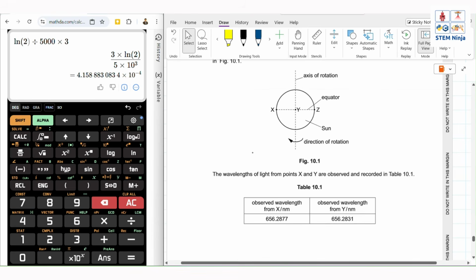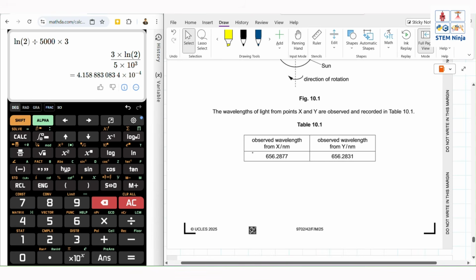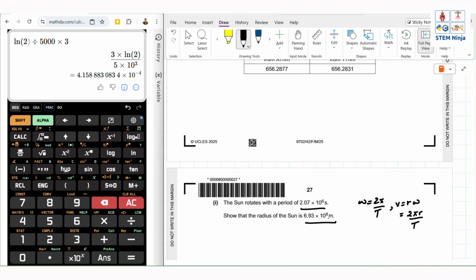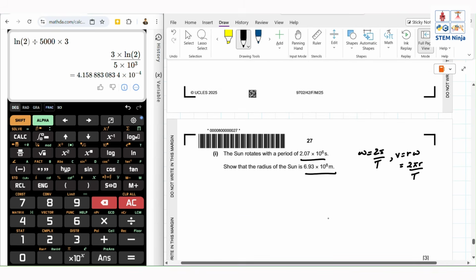They haven't. But the question says show that the radius of the sun is this, so that is basically going to come up. My bad, I forgot.